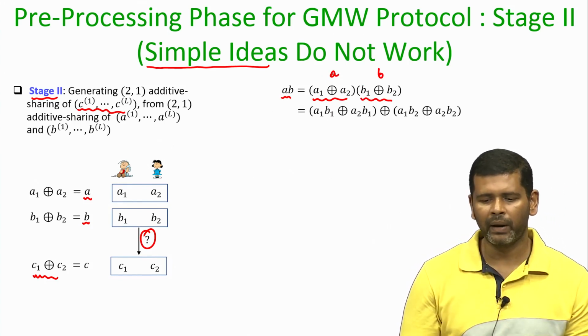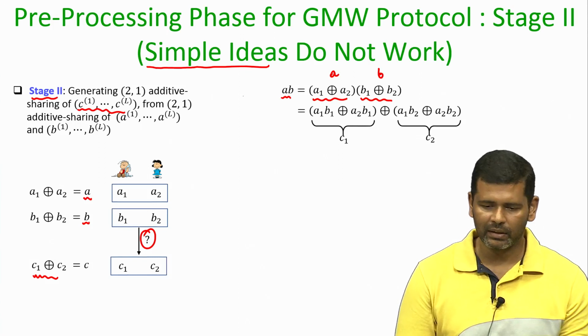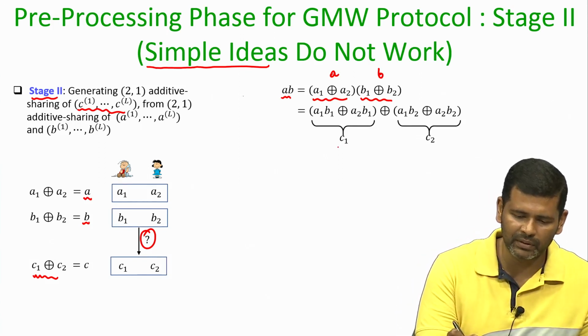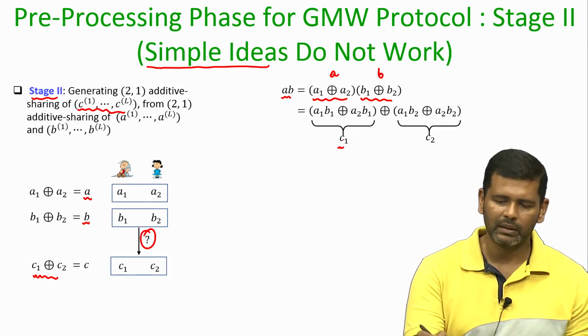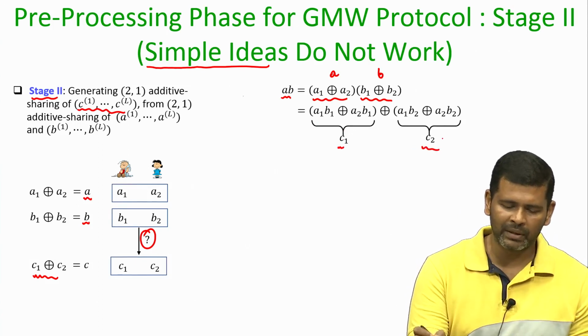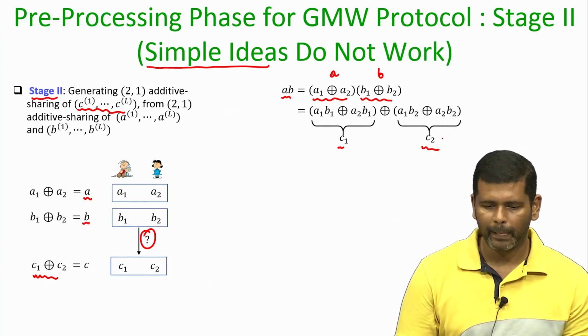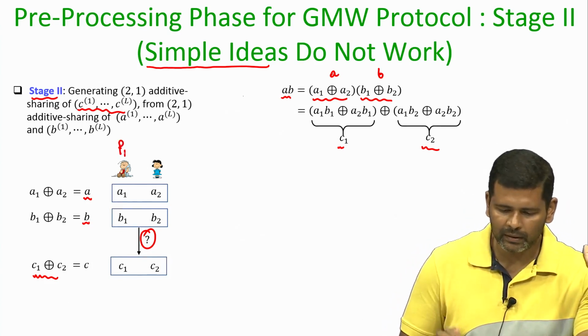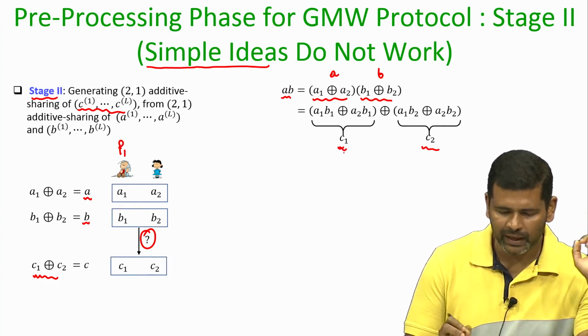If I expand and rearrange terms like this, let the XOR of the first two summands be C1, and the XOR of the last two summands be C2. Now, can the first party P1 compute the value C1?